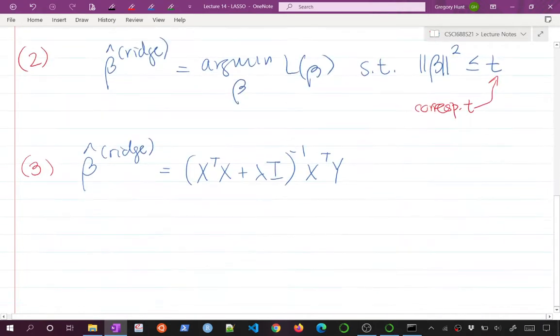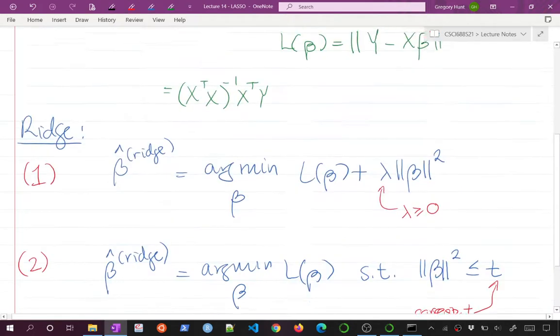So all we've really done is we've added on this lambda I, and this helps solve the problem if X transpose X is ill-conditioned, not invertible. We add on some multiple of the identity matrix, we make this thing invertible. And so we solve the non-uniqueness problem that we could potentially run into.